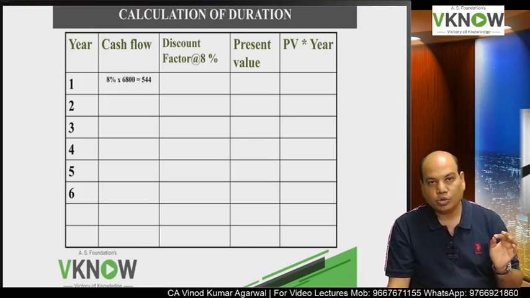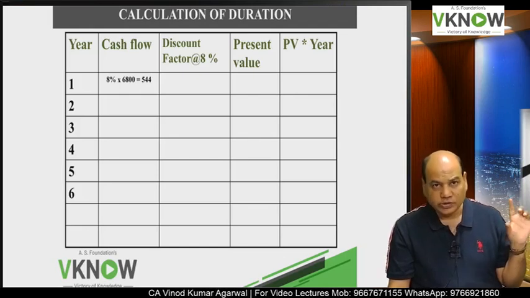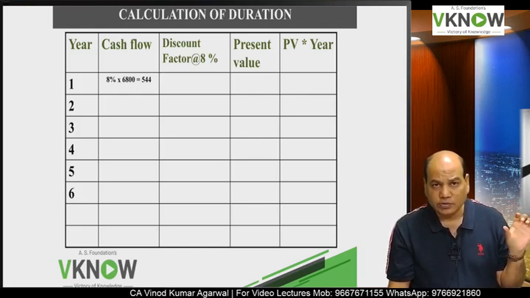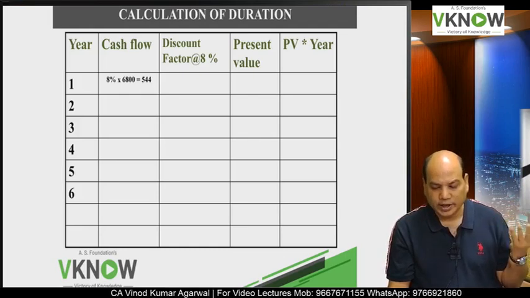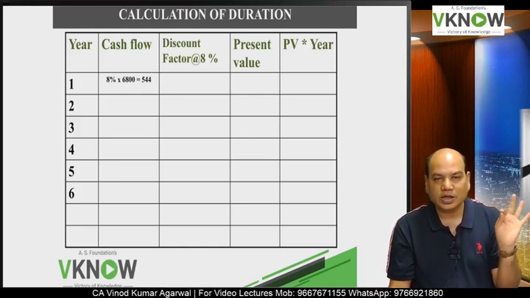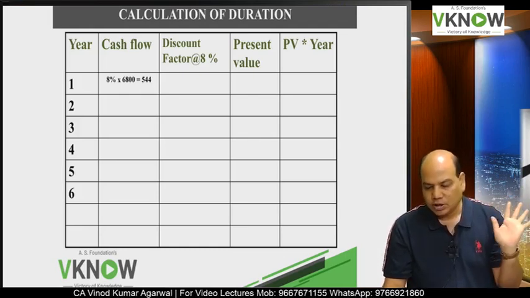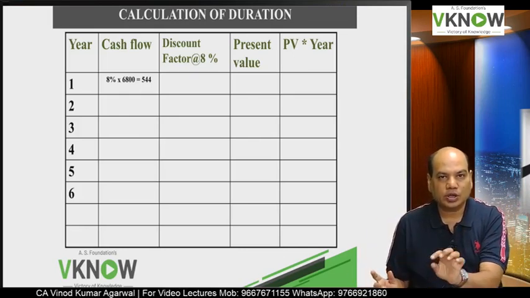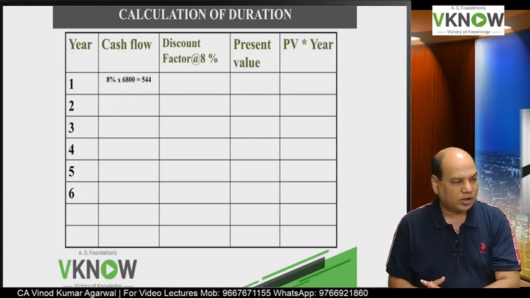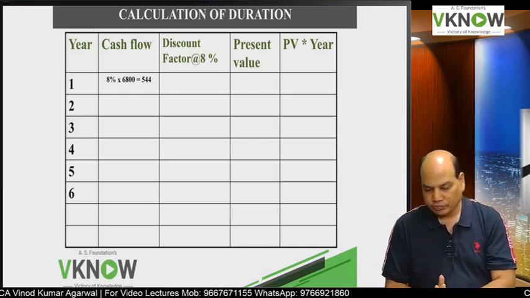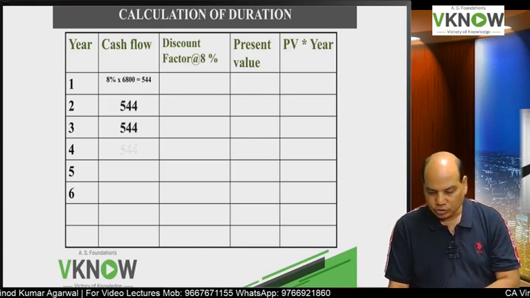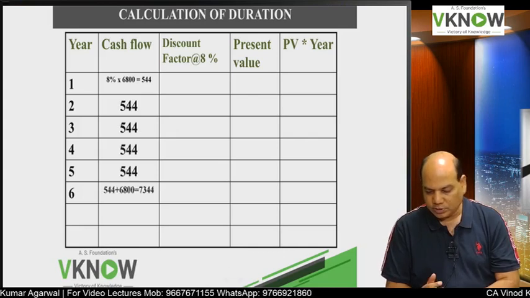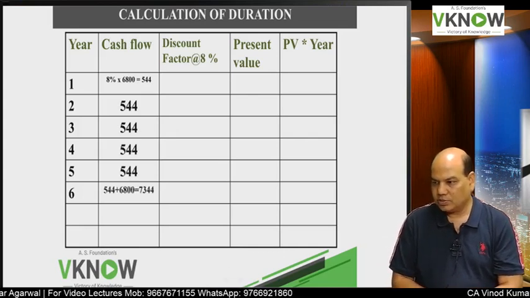And what will be your coupon amount? 6800 is the face value of the bond you have bought into 8%, or you can simply take 100 rupees into 8%, because duration in years will not change whether you take 100 rupees or 6,800 rupees for calculation. So we'll take 8% of 6800.